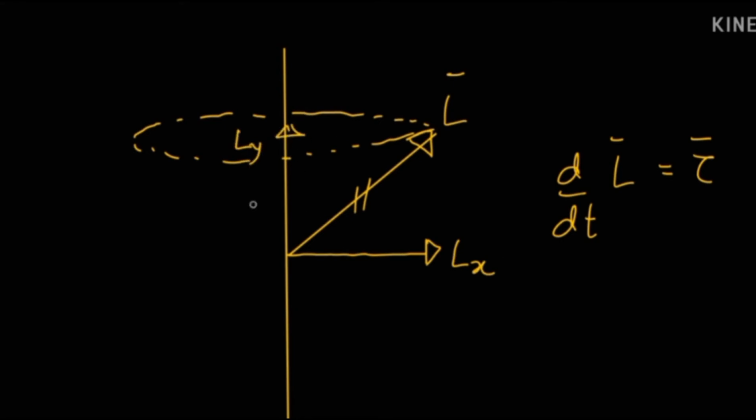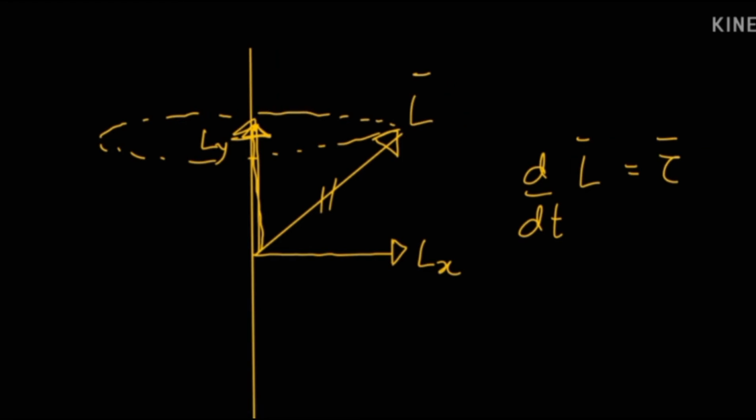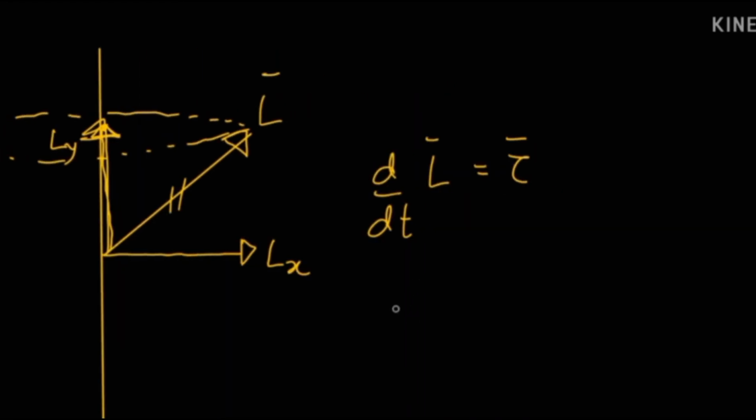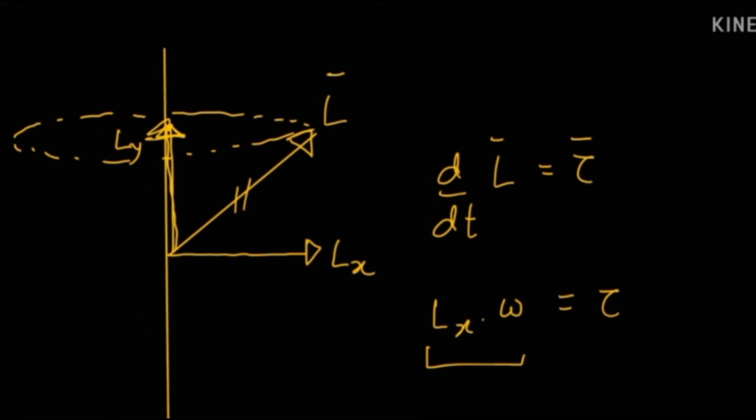As the angular momentum vector rotates, the Ly component does not change, only the Lx component rotates, and therefore d by dt of the L vector is Lx into omega. As we have seen in an earlier video, if you haven't seen my earlier video, please do that, because in that I have derived this result, Lx into omega. So this is equal to torque.